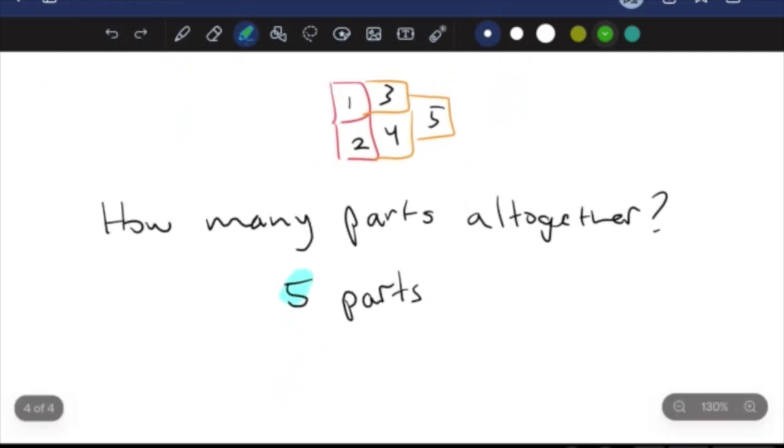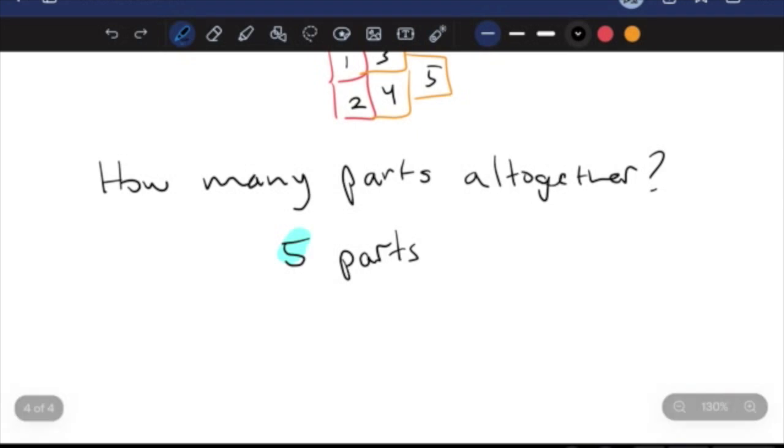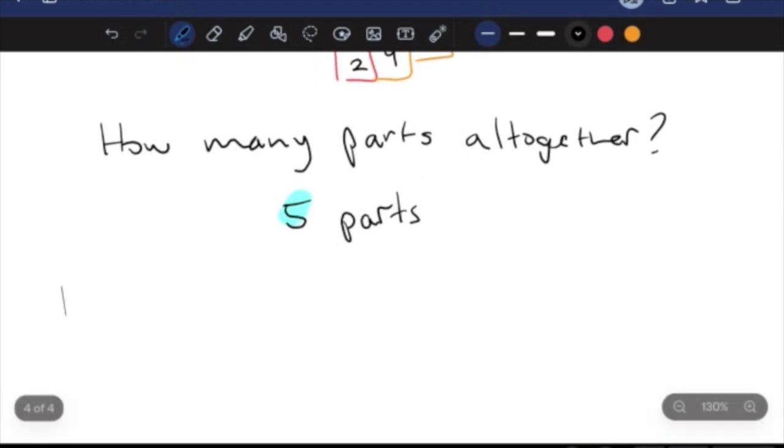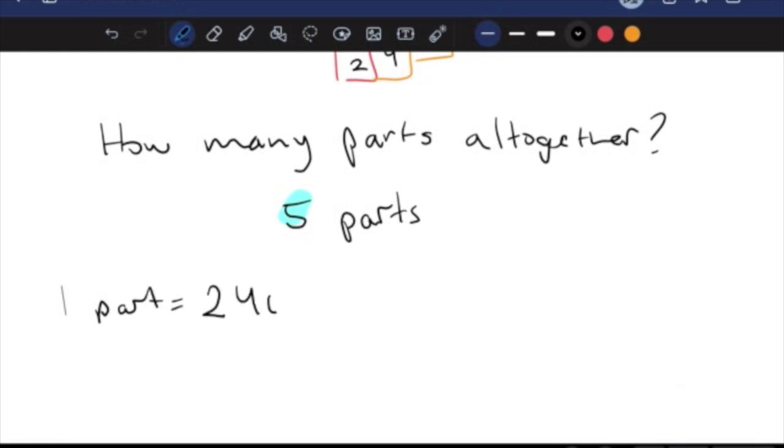So I take my 24,000, and I can say that one part equals 24,000 divided by 5. Once I do that, I get 4,800.